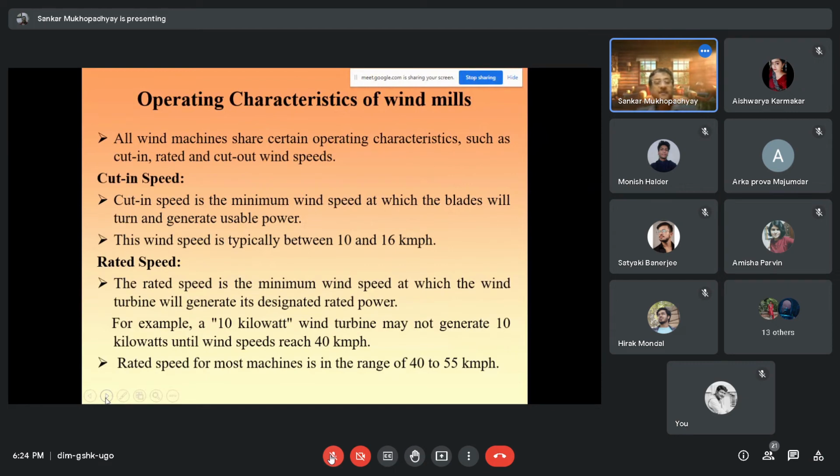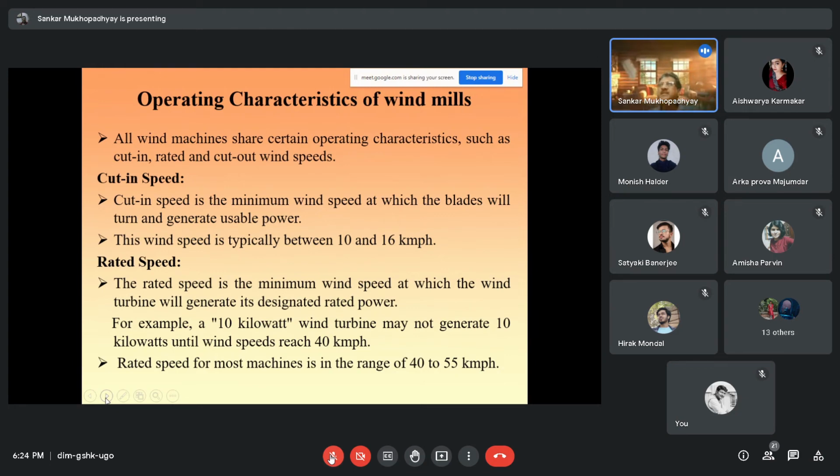Rated speed. The rated speed is the minimum wind speed at which the wind turbine will generate its designated rated power. Suppose the wind turbine is rated at 1 megawatt. Now, the 1 megawatt has been rated for a particular blade length wind turbine at a particular height, which should require a particular speed.